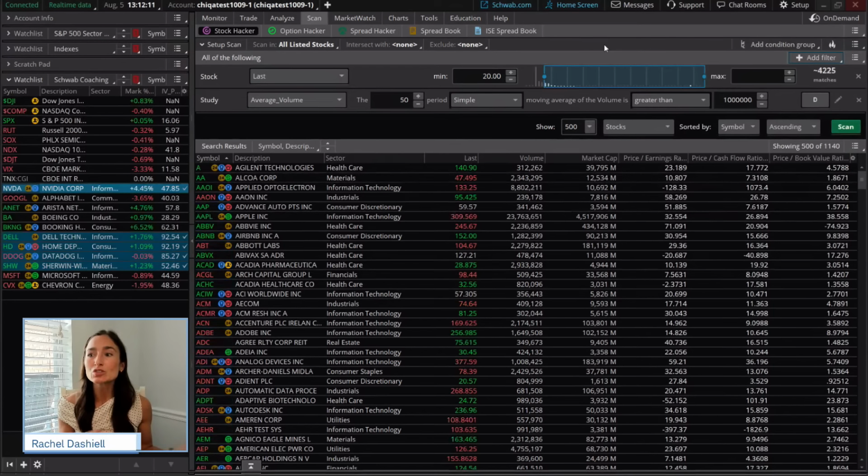So what we're going to do is just narrow down our list with some criteria. We're going to look for stocks that have a level of liquidity, stocks that are in a primary uptrend, so above their 200-day moving average, to give us maybe some bullish reversal or bullish breakout patterns. We're also going to look for momentum that's in a bullish regime.